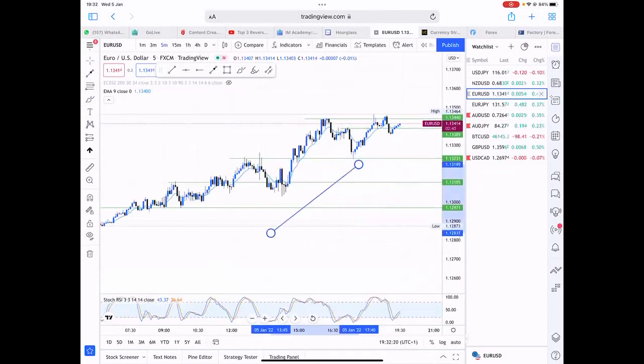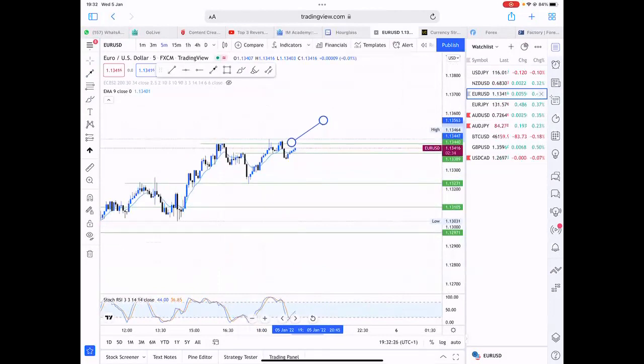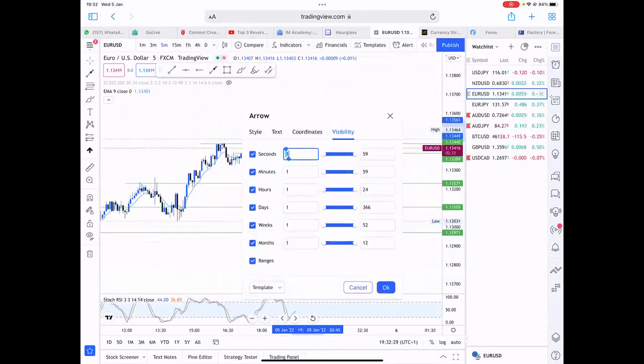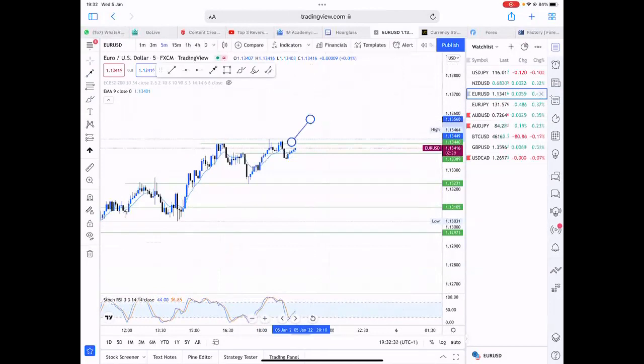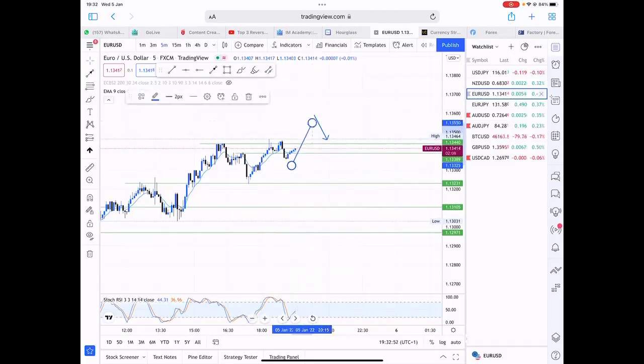This is a clear uptrend. So this is what you want to see. Breakout and retest into this area. So now if I screenshot this thing and send to the WhatsApp group, you will understand because of the arrow.